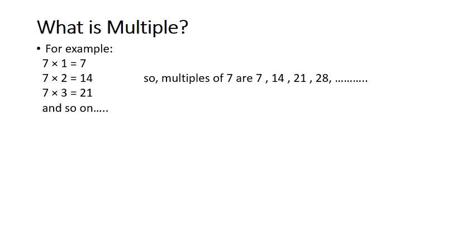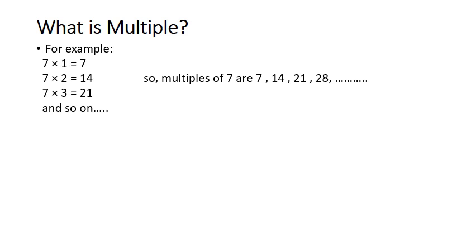Now we all know that when you multiply two factors, its product is called its multiple. So here you can see that the given numbers, which are 7, 14, 21, are the multiples of their factors.